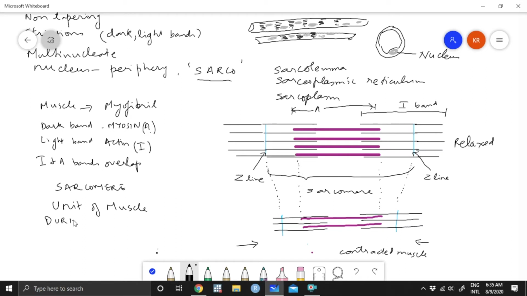So during contraction, A band length is constant.